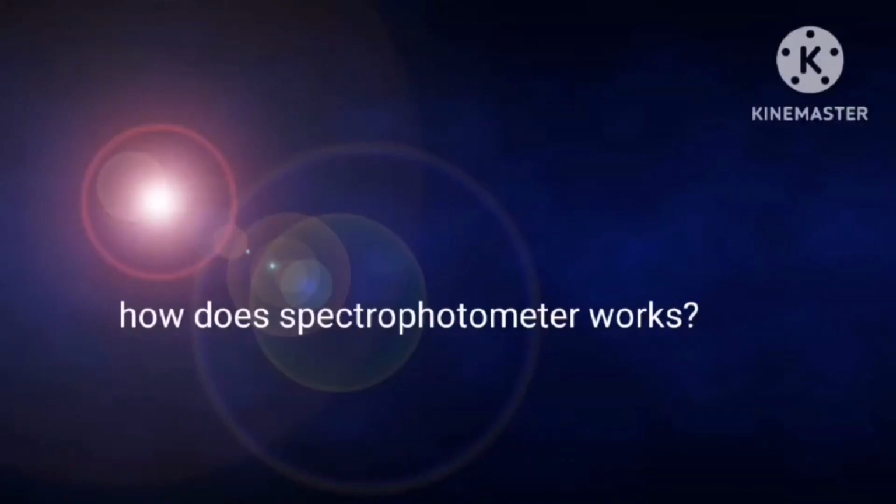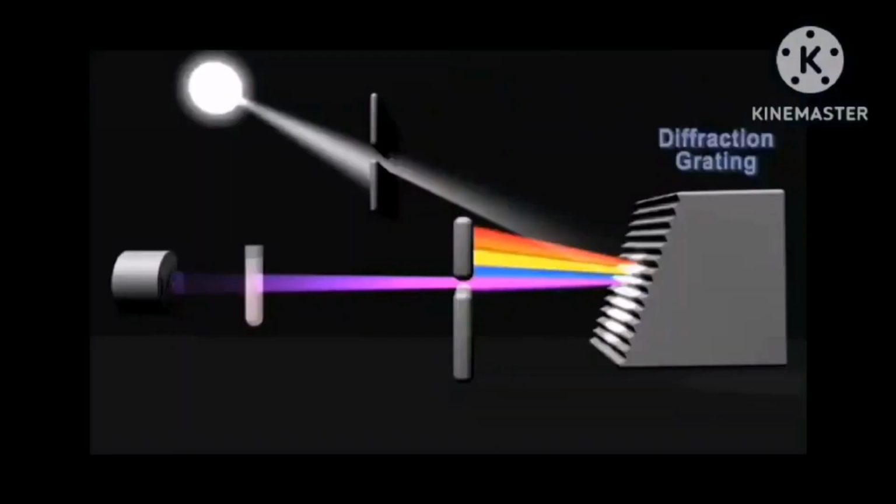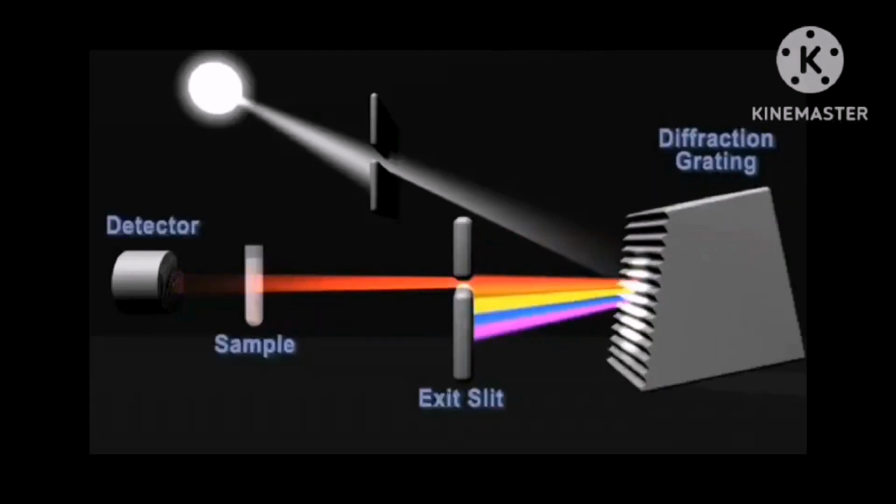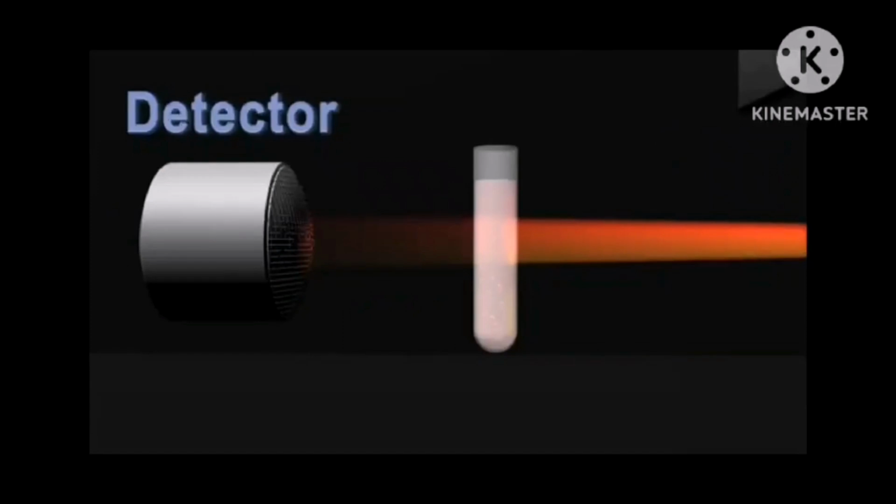How does a spectrophotometer work? A lamp provides the source of light. The beam of light strikes the diffraction grating, which works like a prism and separates the light into its component wavelengths. The grating is rotated so that only a specific wavelength of light reaches the exit slit. Then the light interacts with the sample, and from this point, the detector measures the transmittance and absorbance of the sample.